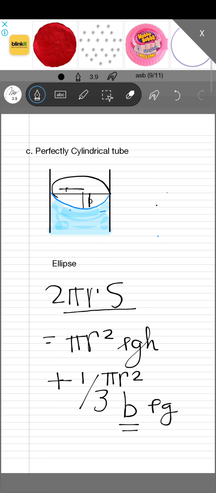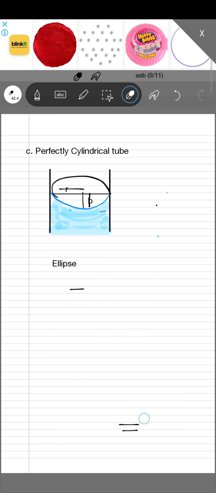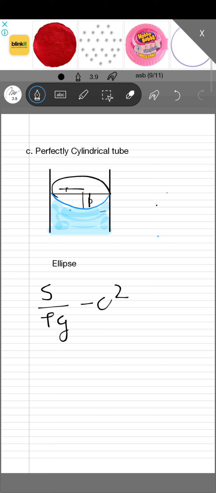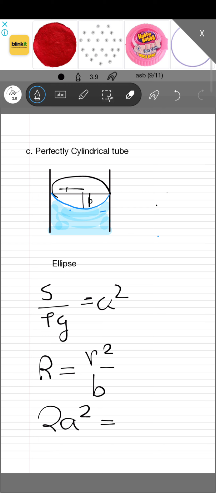Now in this particular case, as we have taken a constant B in the previous cases, similar to that we can also associate a constant S by rho g as equal to a square, and since we have previously said that capital R is equal to r square by B, we can say that 2a square is equal to RH.